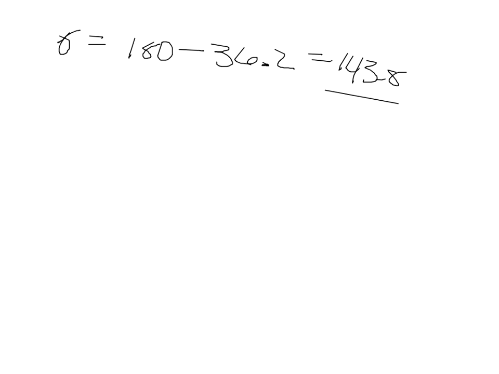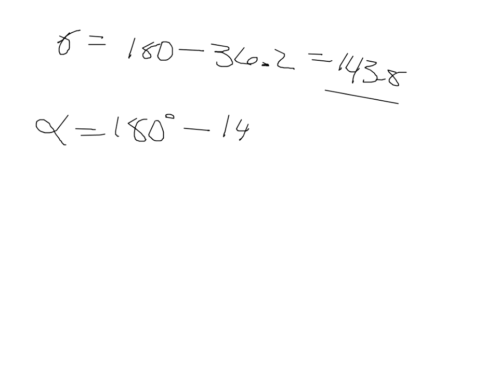Now, I found a second quadrant angle for gamma, and it can be calculated as 180 minus the angle that I found. Okay, and so if gamma is 143.8, what is alpha?